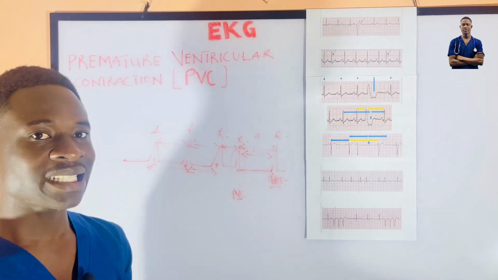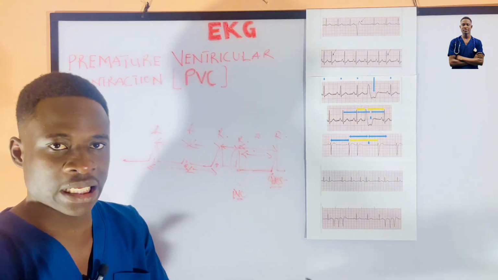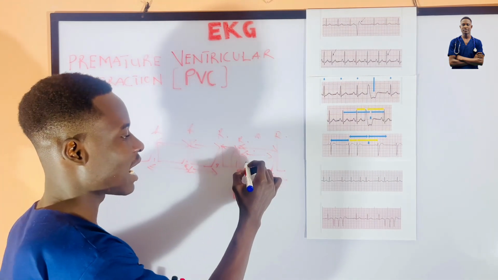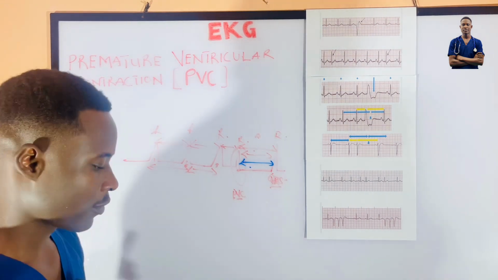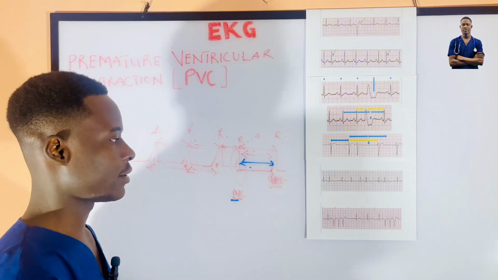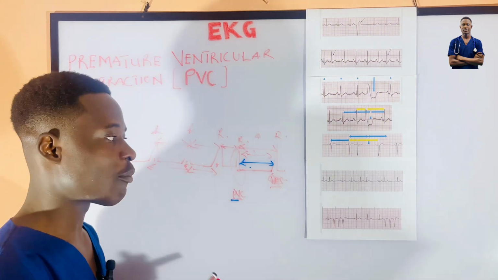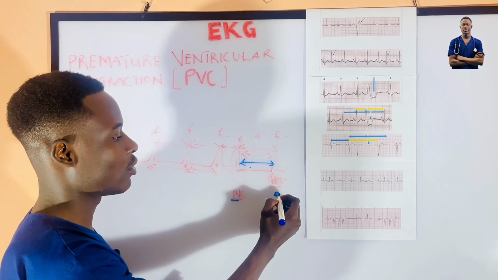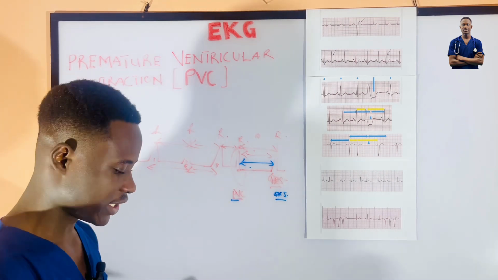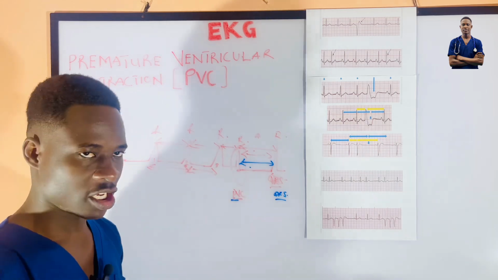So that delay or that reorganization leads to an increase in the time from the PVC, where we generated our abnormal QRS complex, to a normal QRS complex generated on the EKG graph.